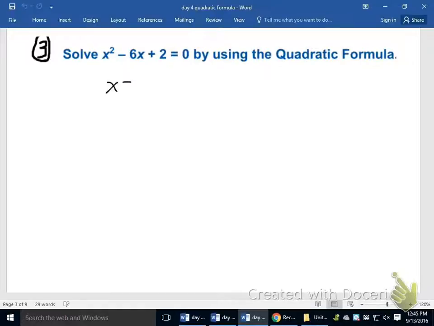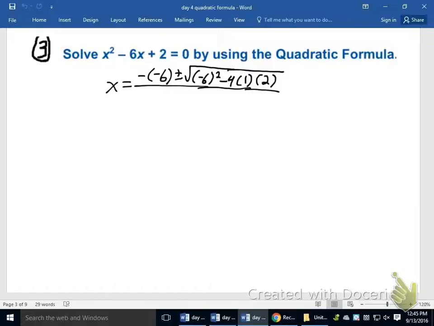I have x equals negative b, which is negative 6, plus or minus the square root, b squared, so negative 6 squared, minus 4 times, my a value is still 1 on this one, times c is 2, all over 2 times a.